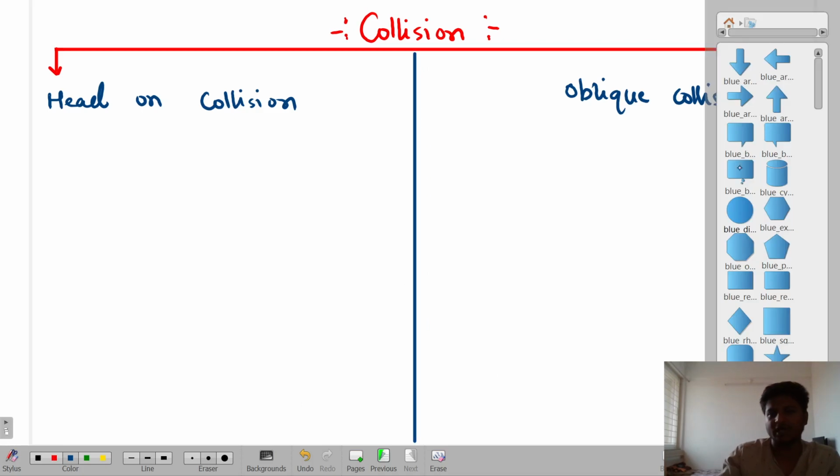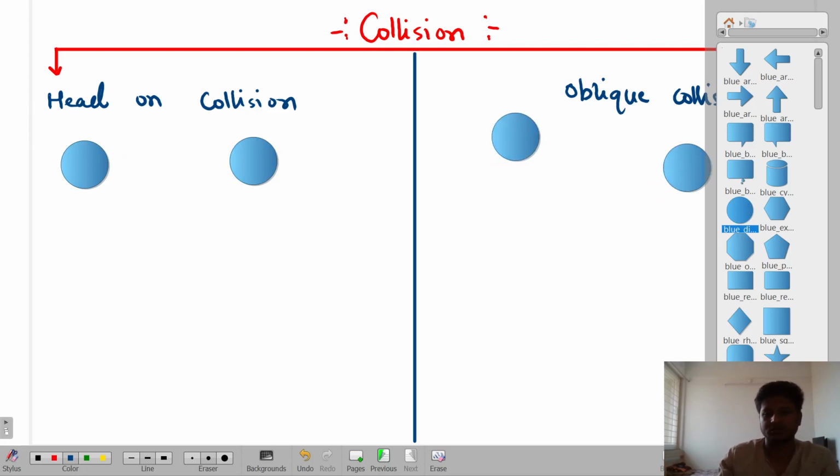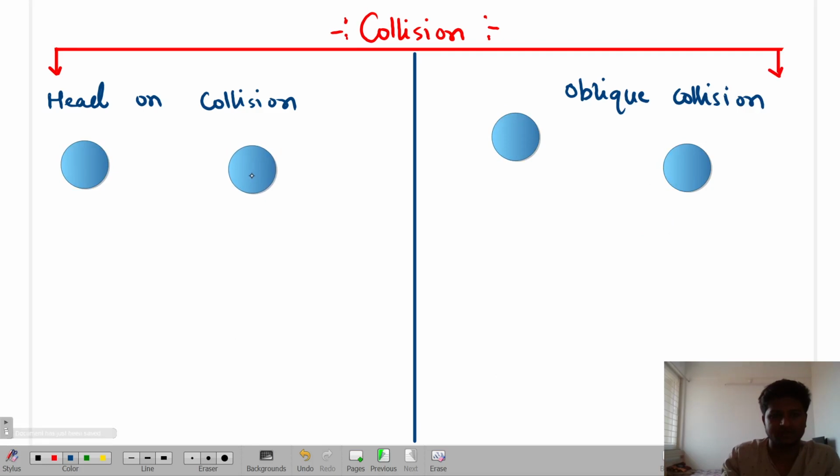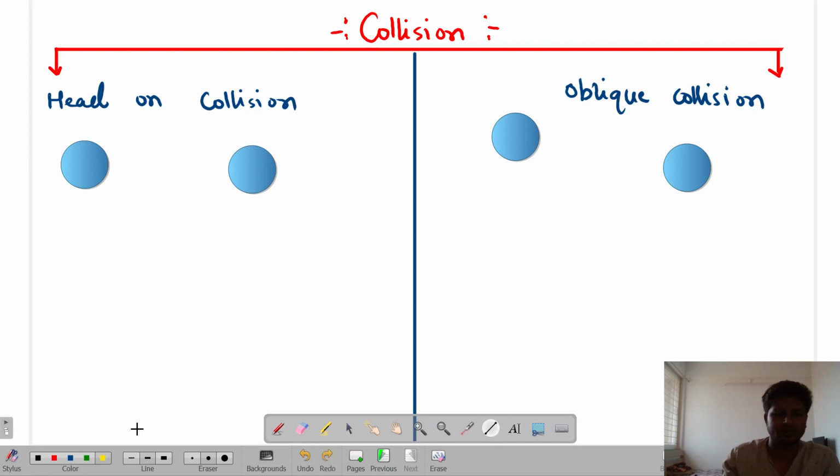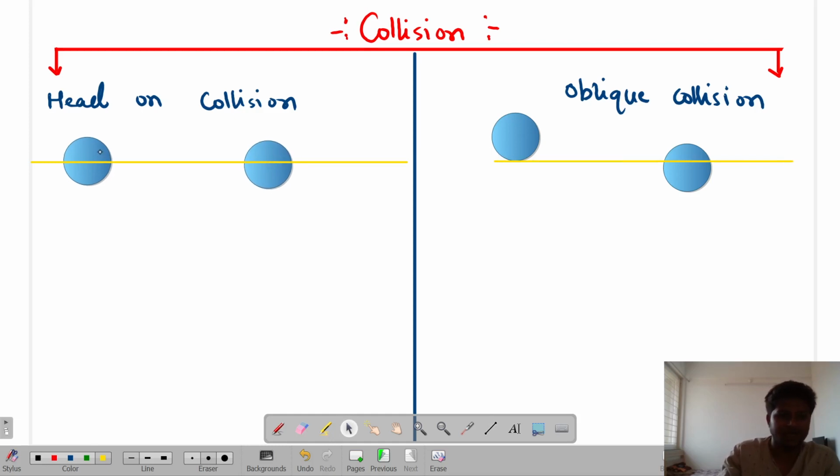So let's suppose we have two objects which are moving in the same direction. Let us talk about that first. Let's suppose the bodies are moving in such a way that, if they have some velocity, this will be their line of motion, isn't it?